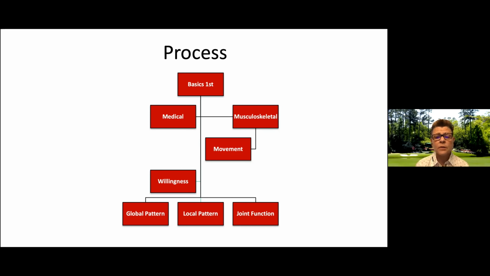So the willingness to move is often a key factor in our examination. We're looking for global and local patterns of pain and local patterns of impairment, as well as overall joint function. And these help us to clarify the profile of the patient and the expectations we can have with treatments that we deliver.